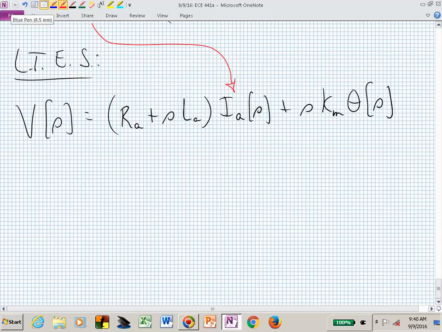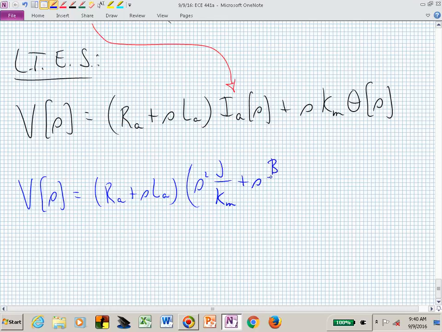Doing that, I now have an equation: V of s is equal to R sub a plus s L sub a, times s squared J over k sub m plus s b over k sub m, times theta of s, plus s k sub m theta of s.